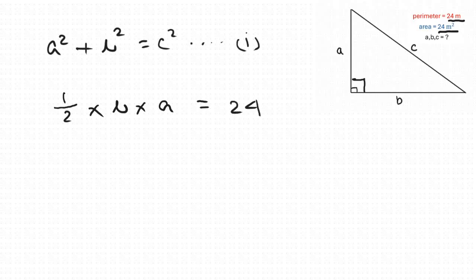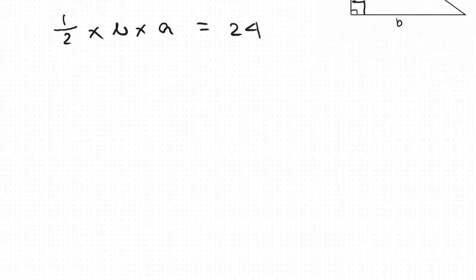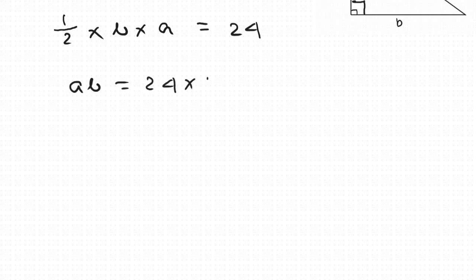Then we can arrange and write AB equals 24 times 2, or AB equals 48. We can give this one as equation number 2.